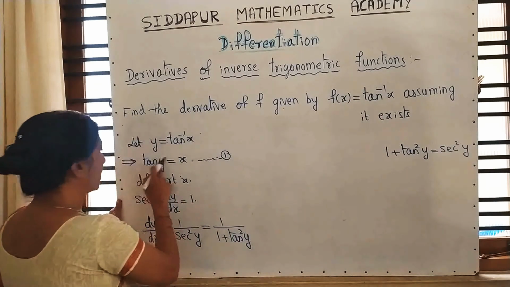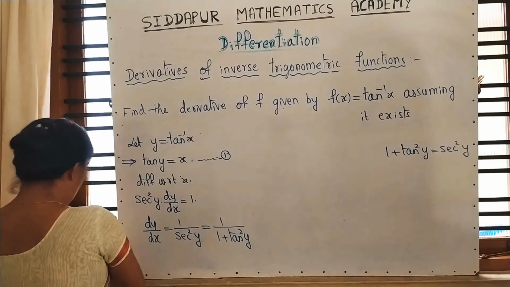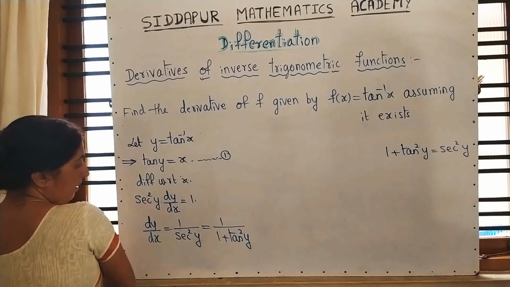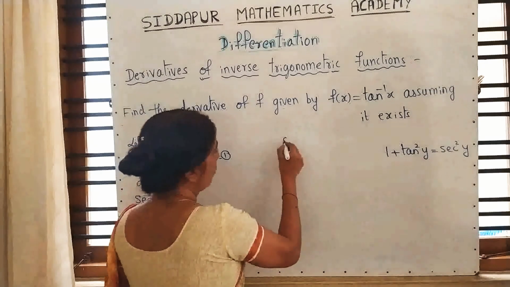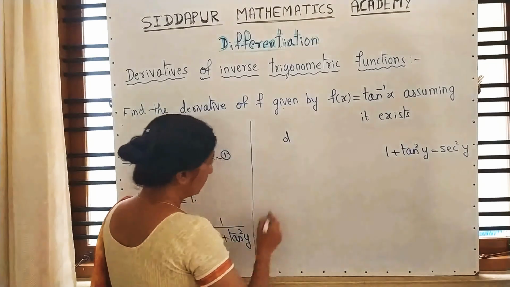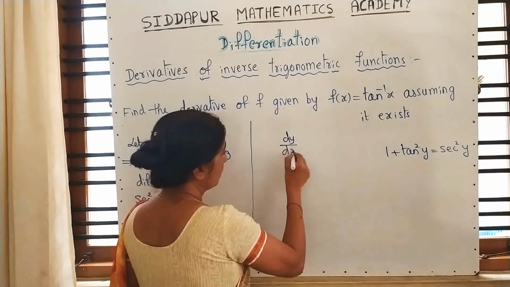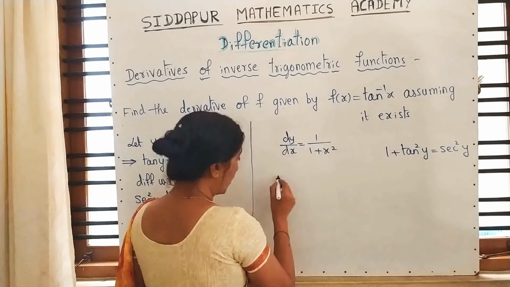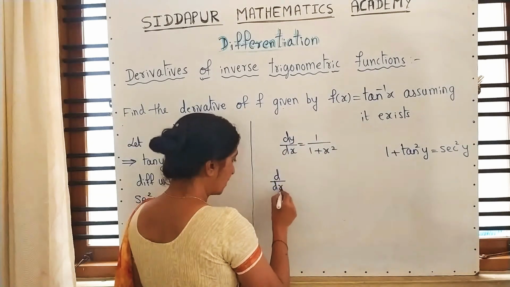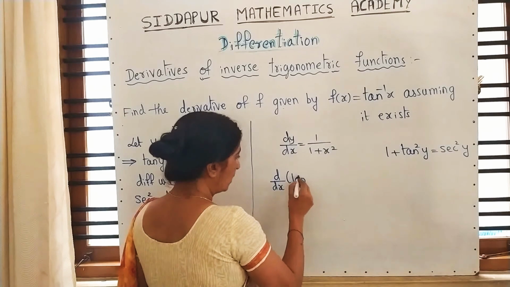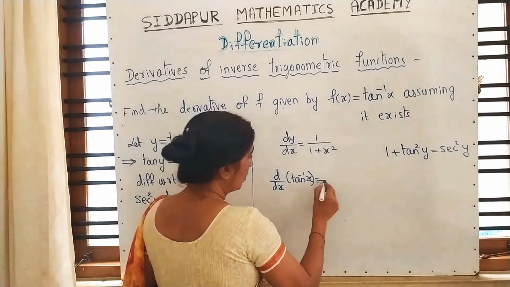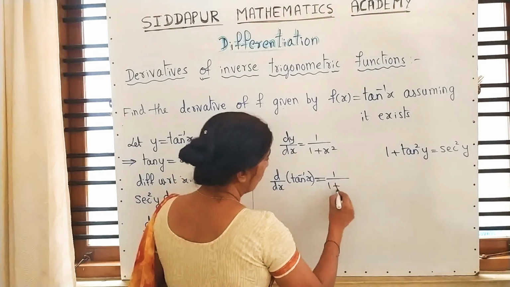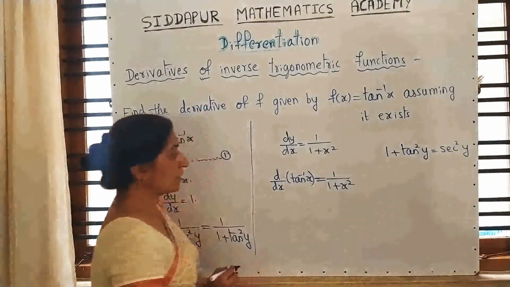But what is tan y? Tan y is x. So that means dy upon dx is equal to 1 upon 1 plus x square. What is y? Y is nothing but tan inverse x. So the differentiation of tan inverse x is 1 upon 1 plus x square.